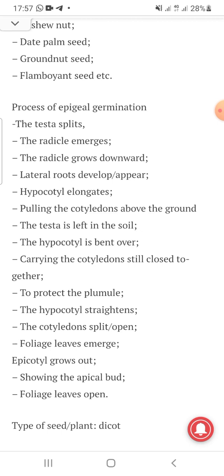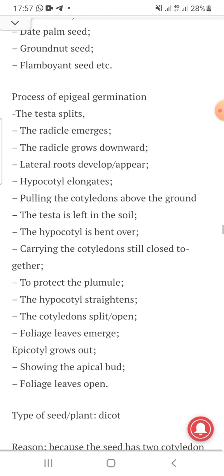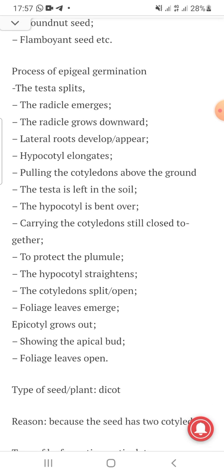The hypocotyl is bent over, carrying the cotyledons still close together to protect the plumule. The hypocotyl straightens. The cotyledons split open. Foliage leaves emerge. Epicotyl grows out, showing the apical bud. Foliage leaves open.